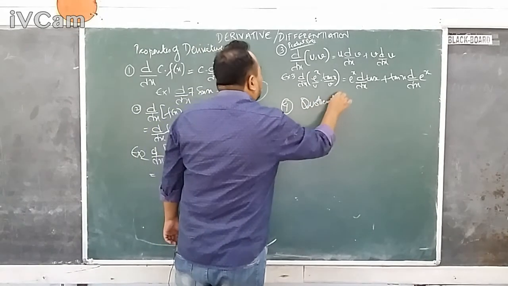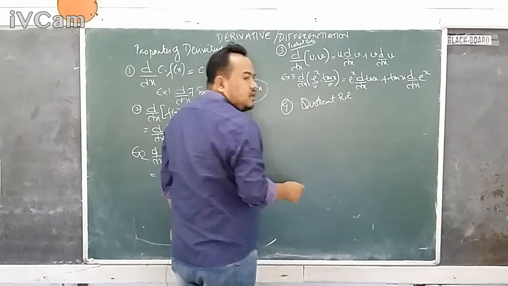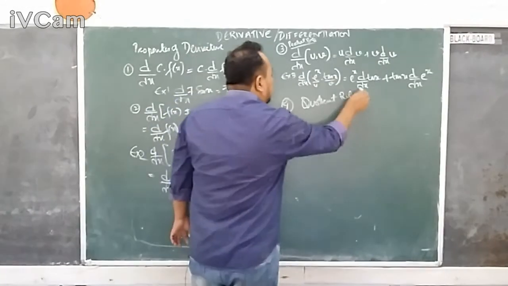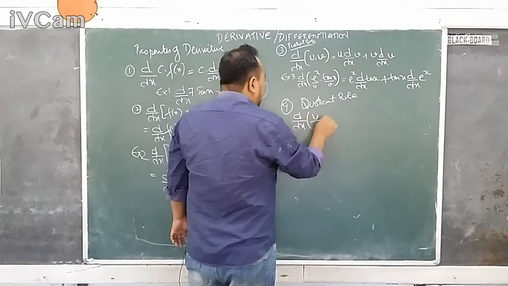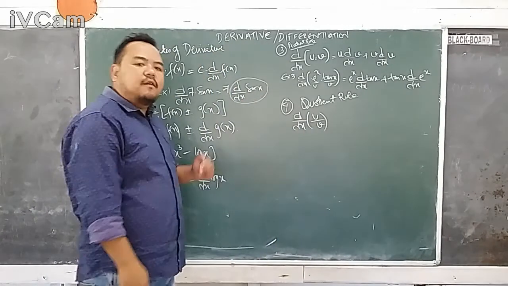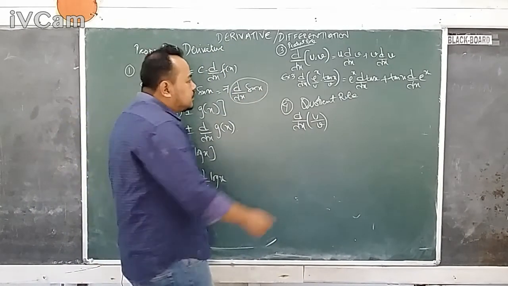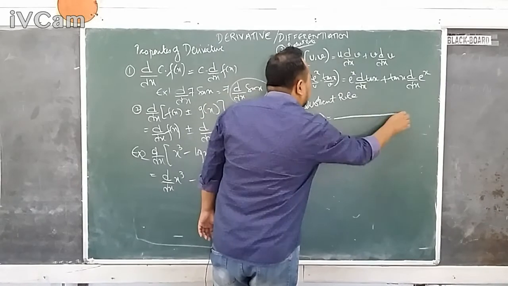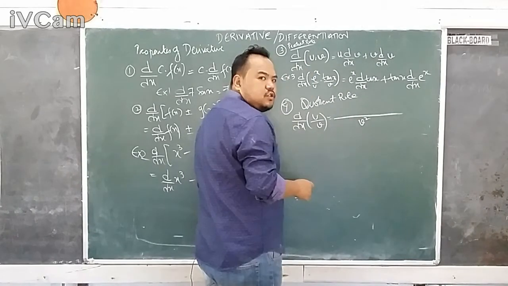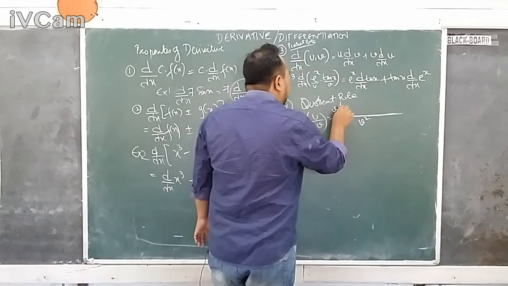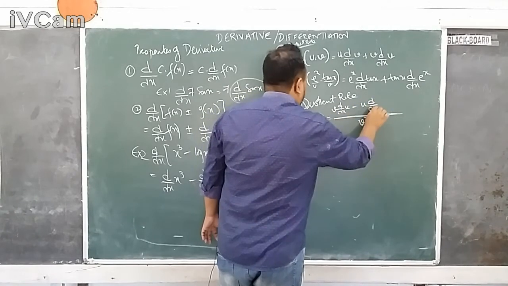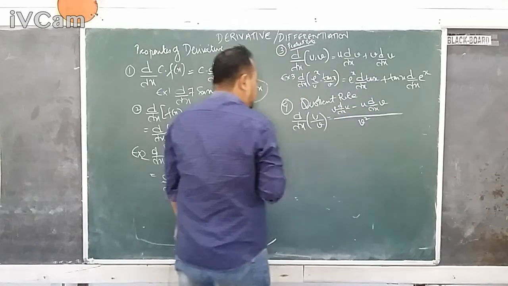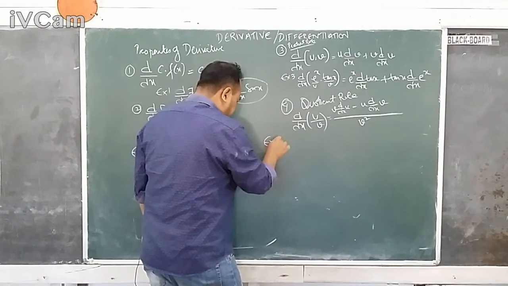So the last property is quotient rule. Quotient rule means whenever there is a division sign, d by dx of u by v, then we cannot break the function directly, we have to use the property, and the property is the denominator square, v square, into v d by dx of u minus u d by dx of v. So this is called quotient rule. I can give you an example.